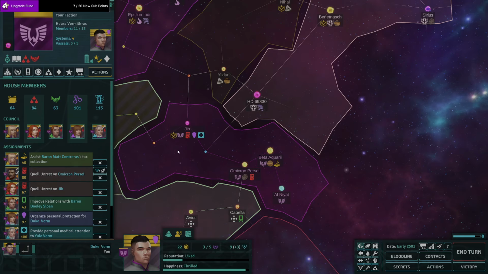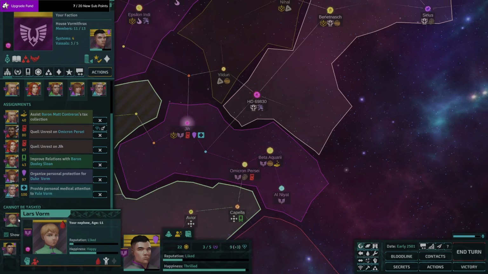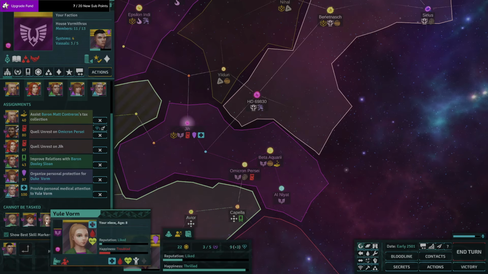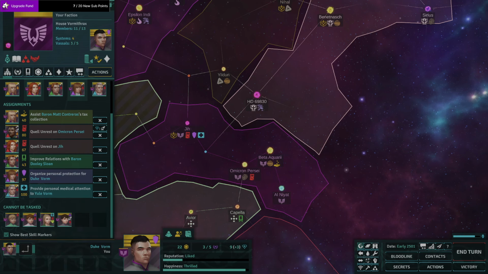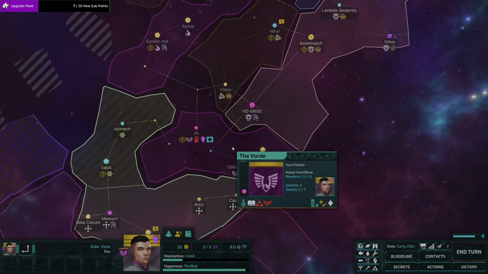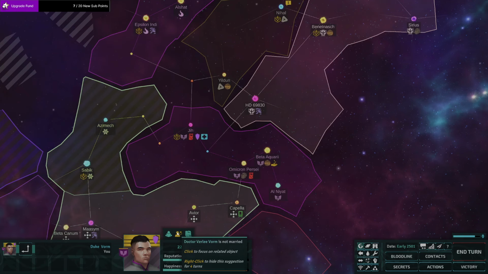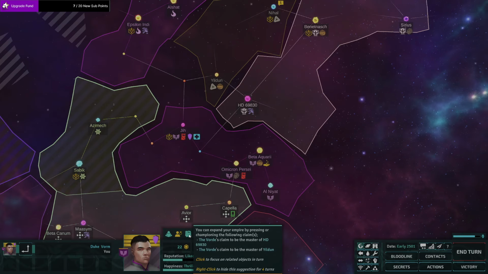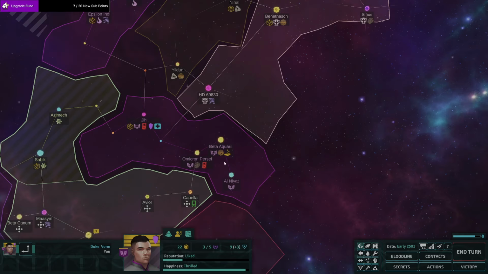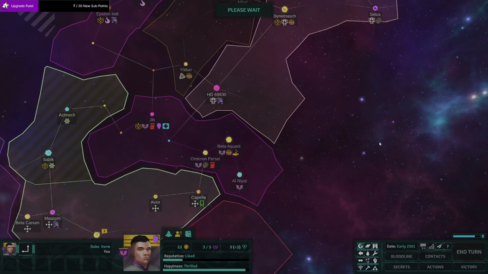We got like, what, 6 or 7 turns before any of the kids are of age? 5 turns. Yeah, 5 turns is the soonest. That's Lars, my nephew. So I'm not going to do the marriage one. I think I'll leave these for other people to suggest for at least one more turn, and we're not going to be doing anything about our claims on these 2 places. So let's just go ahead and hit end turn.